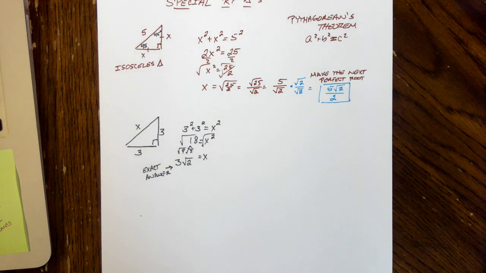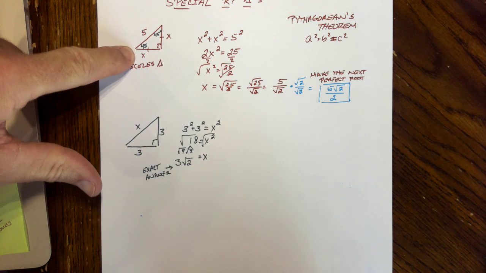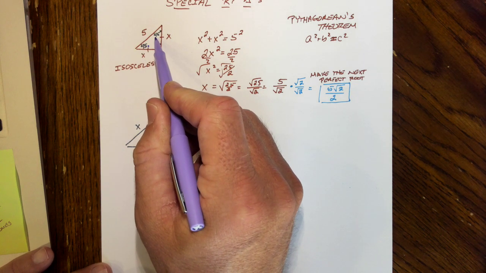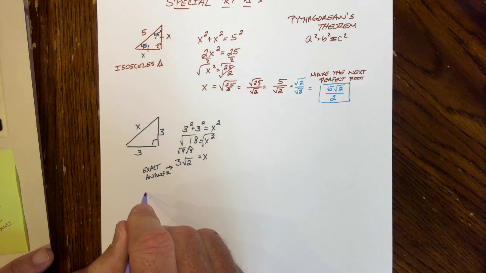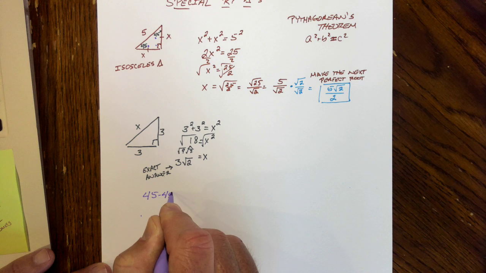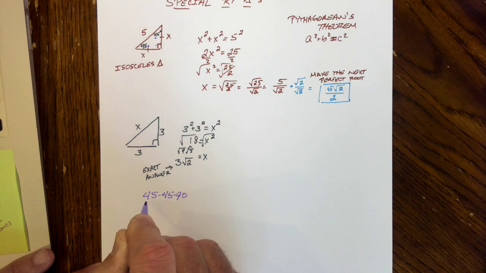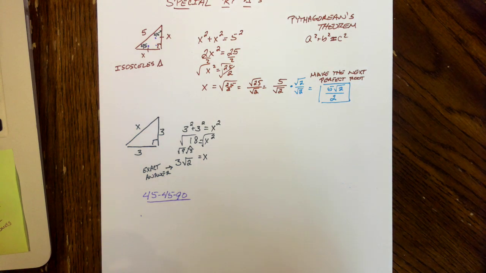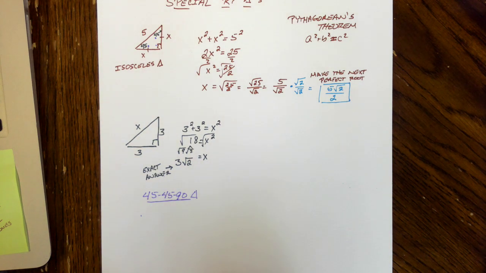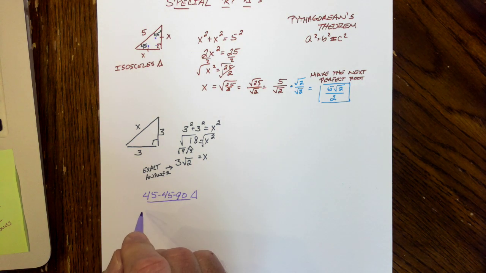All right, so now, the whole reason for doing all this stuff is we want to come up with a shortcut. This is called an isosceles right triangle. You'll hear me refer to them as a 45, 45, 90. In a 45, 45, 90 triangle, here's our relationship.